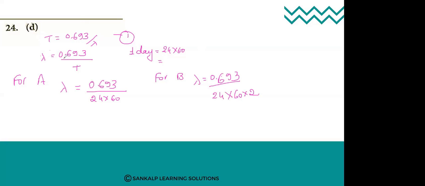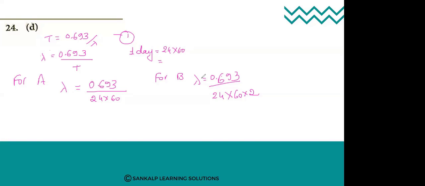So lambda is equal to 0.693 upon T, where T is the half-life and lambda is the disintegration constant. For A particle, lambda is equal to 0.693 upon 24 into 60, because they have given it as 1 day for A particle. 1 day means 24 hours, 60 minutes each.